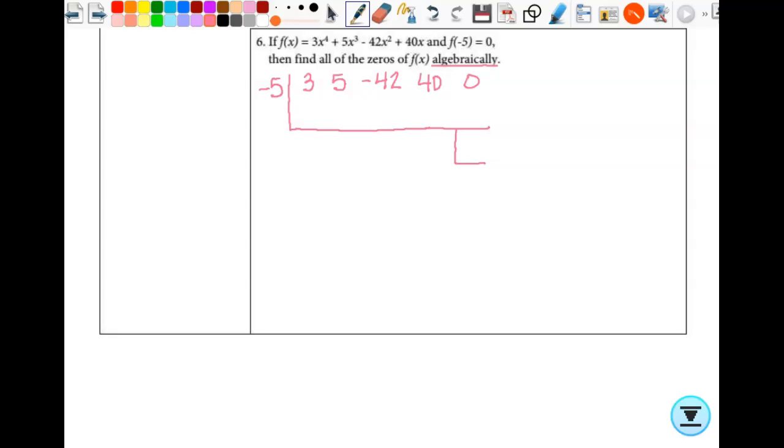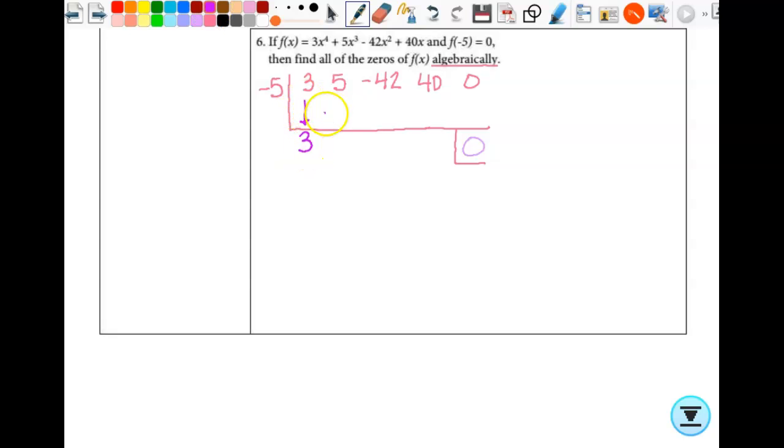Do I know what my remainder is? 0. F of negative 5 equals 0, right? So if I'm going to use negative 5 here, that means my remainder is 0, which knowing that at the beginning of this one isn't as important because there's no k, but it kind of helps you with, I should get 0 there. All right, so then let's just run through our division.